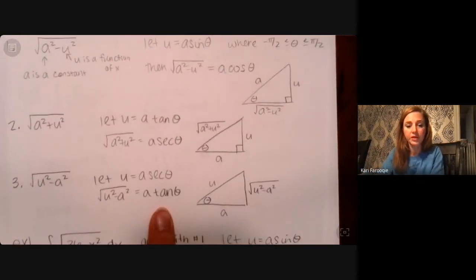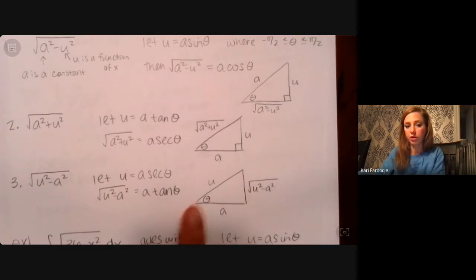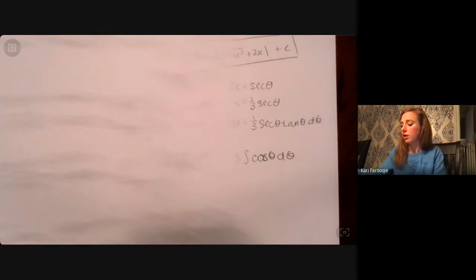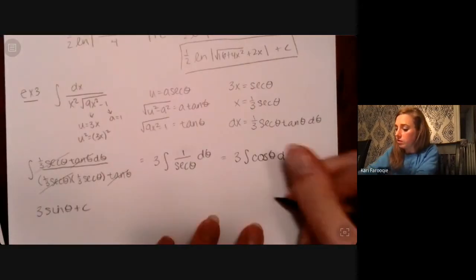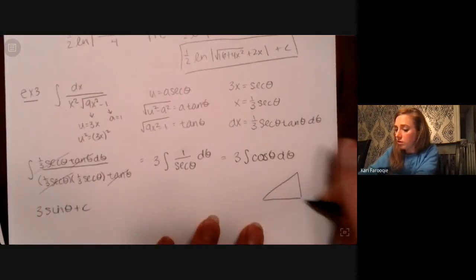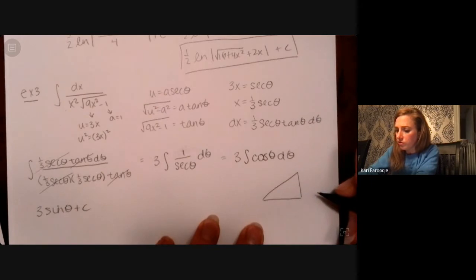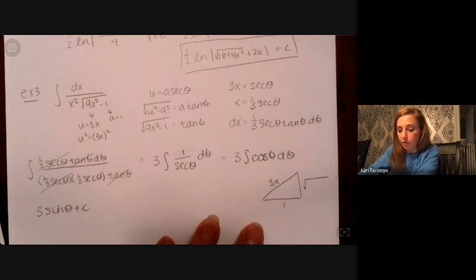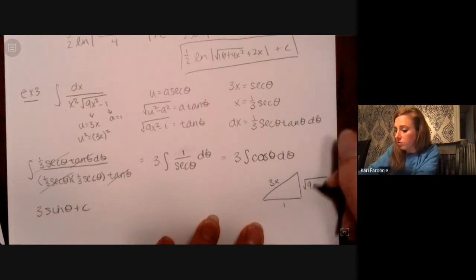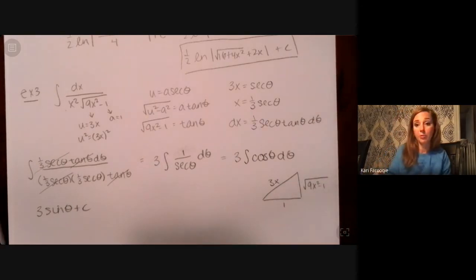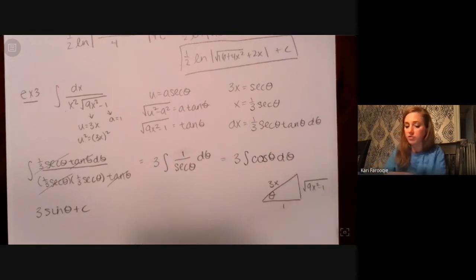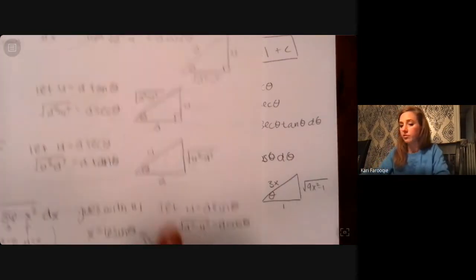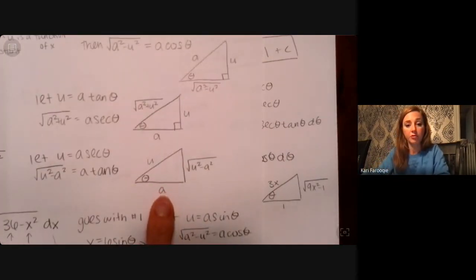Your triangle in this situation is set up like this. You have u on the hypotenuse, a on the adjacent leg. u we said was 3x. And then your radical, the square root of u squared minus a squared, is on that opposite leg. Remember, your theta is down here.